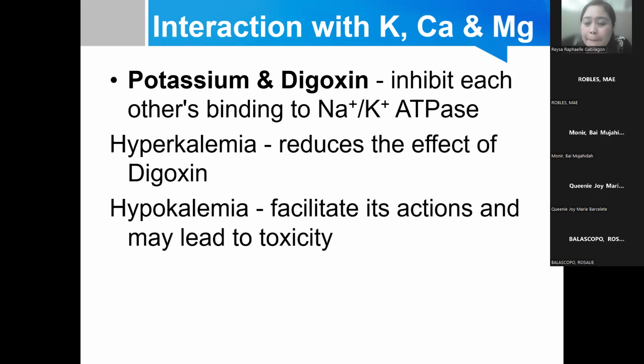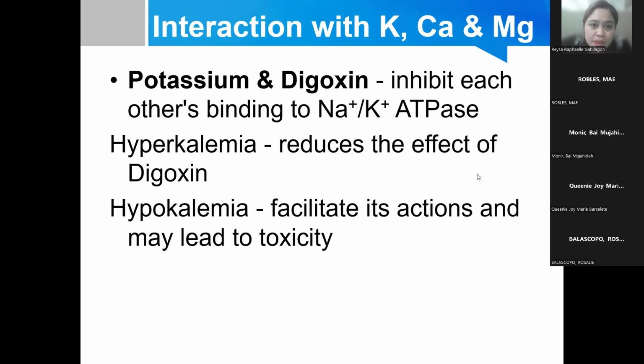Remember, our target here is the heart. Now, aside from the dosing, we also have to monitor the electrolytes of the patient. So what are the specific electrolytes that need to be monitored? We have the potassium, calcium, and magnesium.